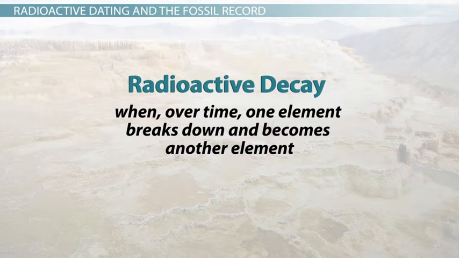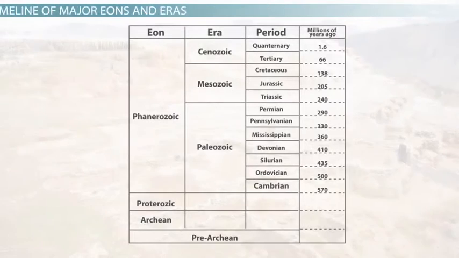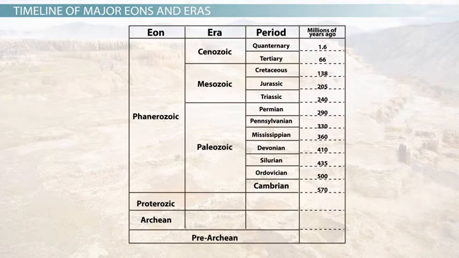Now that we know how scientists determine how old things are, both relatively and more specifically, let's look at a general timeline of the history of life on Earth. We will come back to this image as we discuss specific characteristics and events in each era. Let's look at a few general things on this timeline first. We can see that the Earth's history is broken into 3 eons: Archean, Proterozoic, and Phanerozoic.